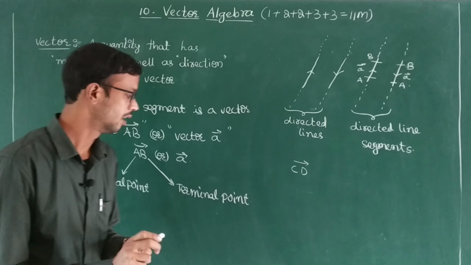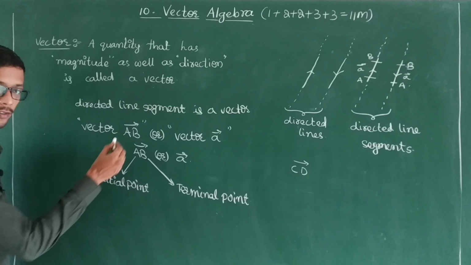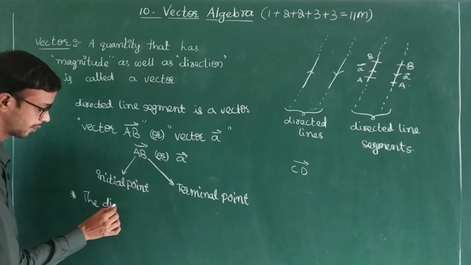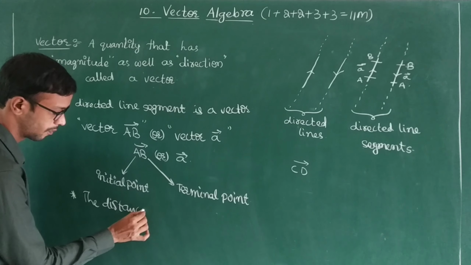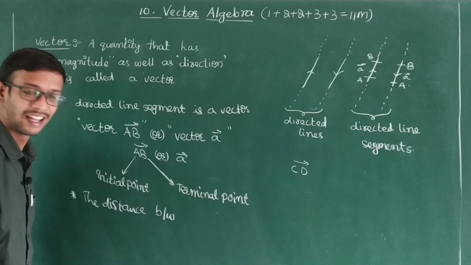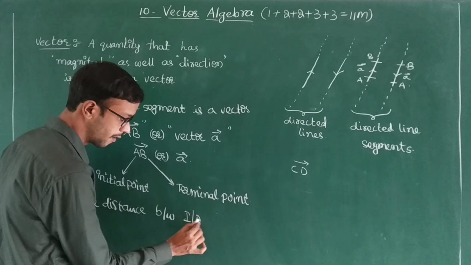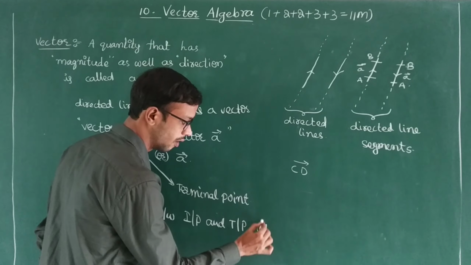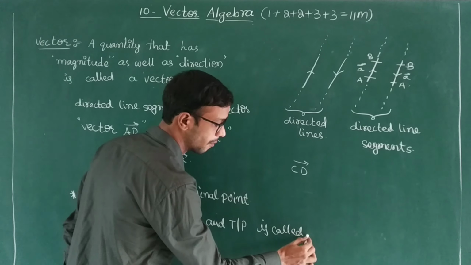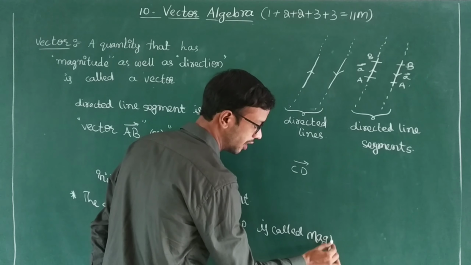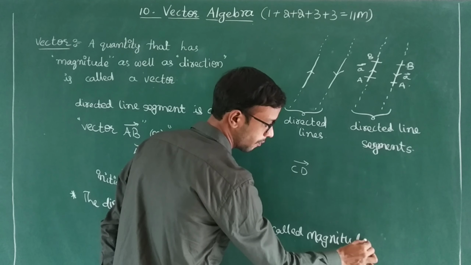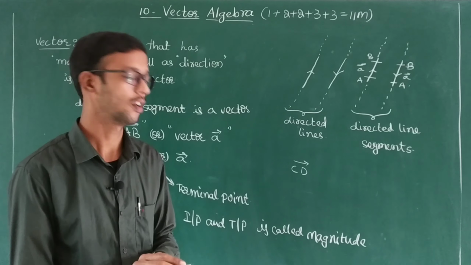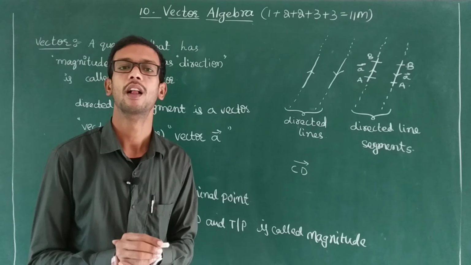And the distance between the initial point and terminal point is called magnitude.